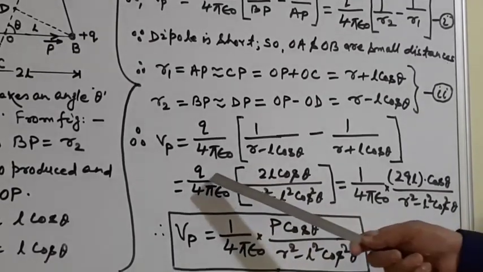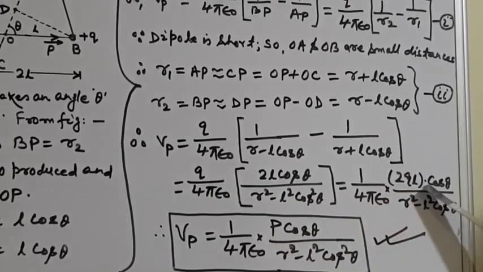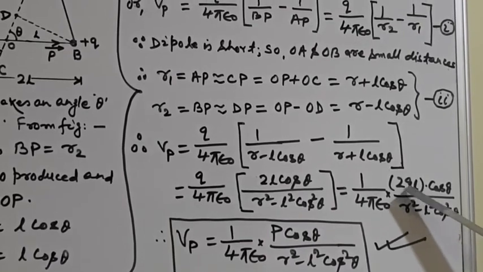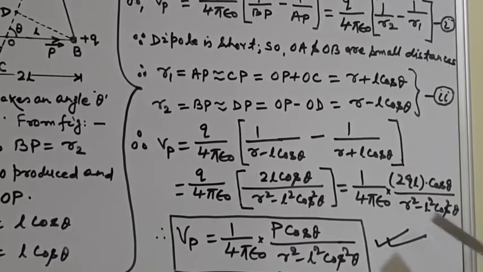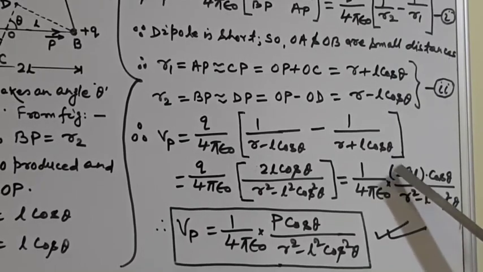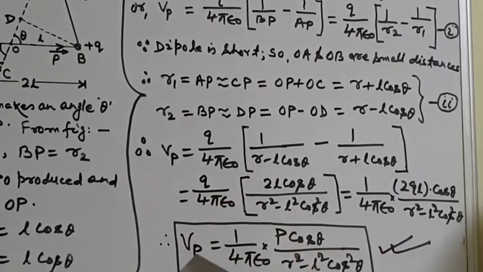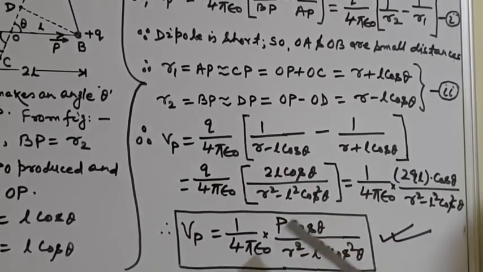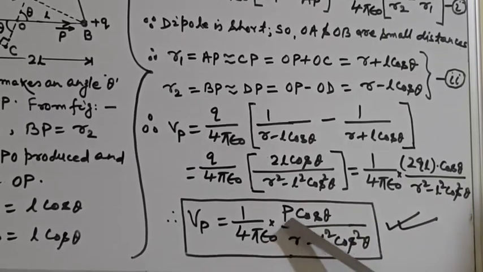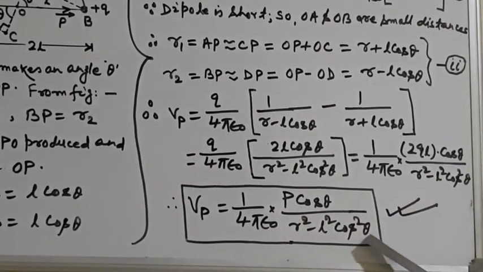Second step, multiply Q with 2L, so it becomes 2QL cos theta. And what is this 2QL? 2QL is the dipole moment, denoted by capital P. So V is equal to 1 by 4 pi epsilon naught times P cos theta divided by R square minus L square cos square theta.